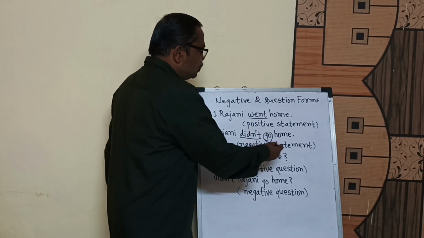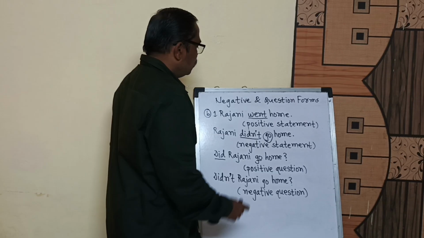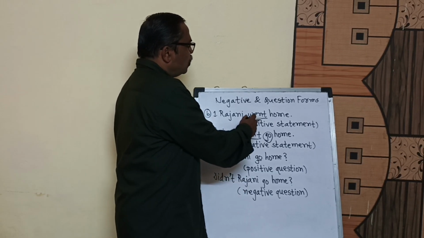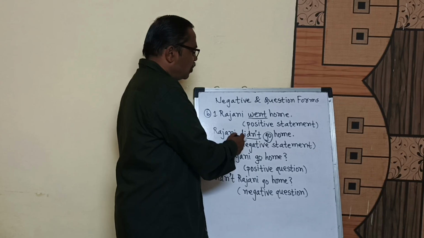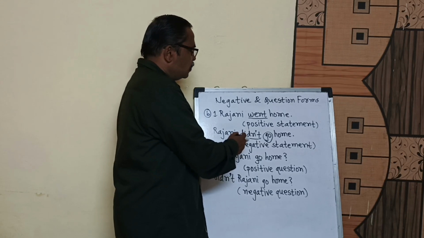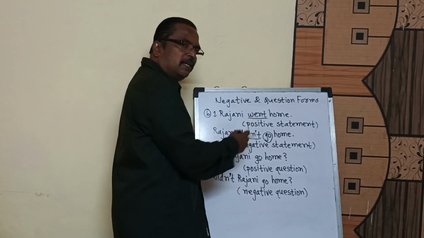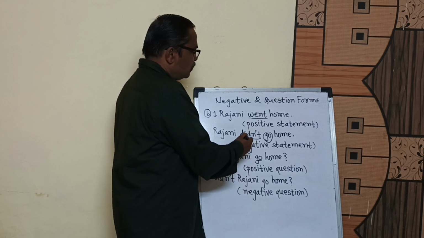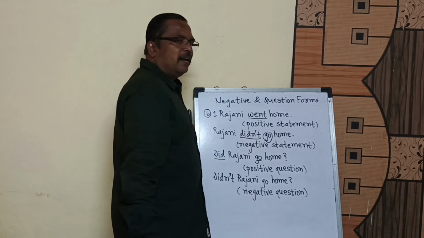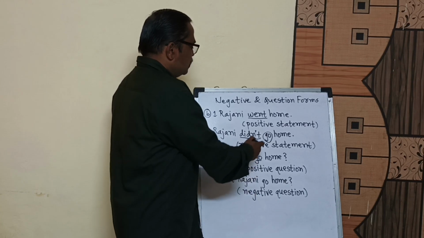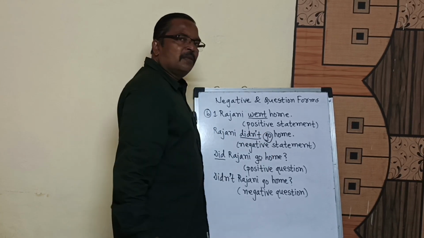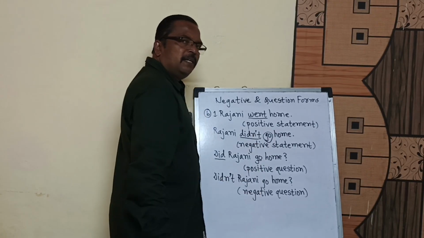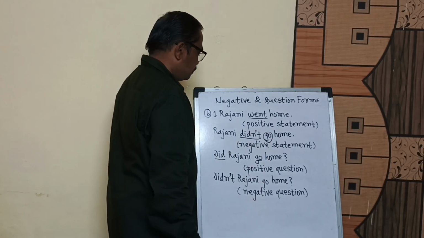For turning it into a negative statement, we have to make use of the auxiliary verb form of to do. When it is in past tense, we have made use of did, and afterwards we have taken the V1 form of went, that is go.